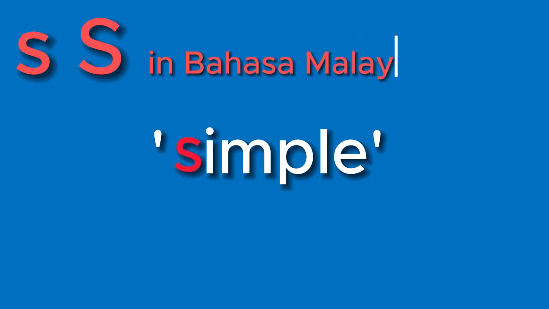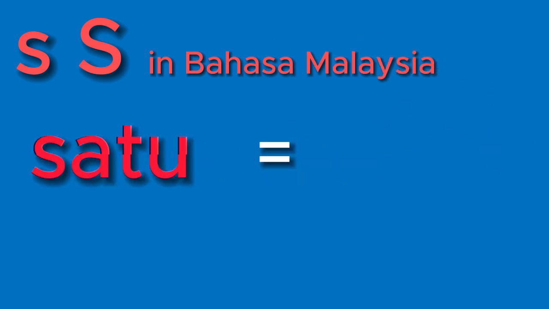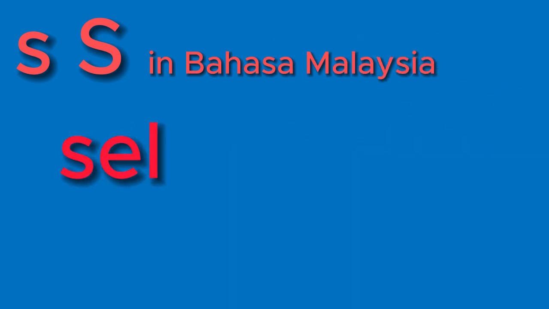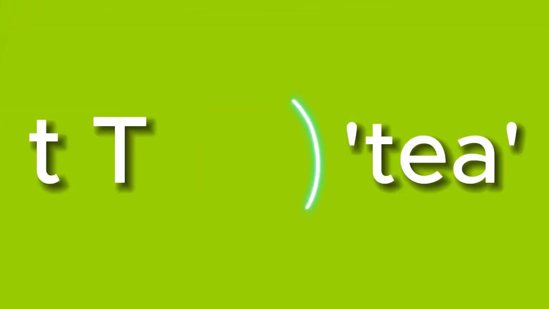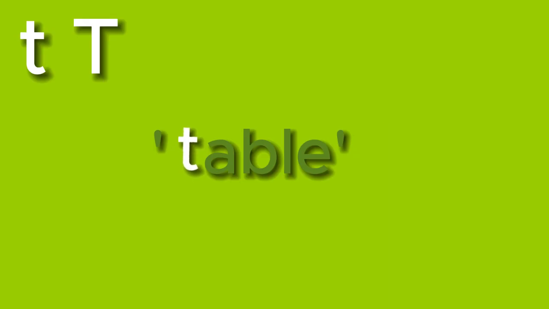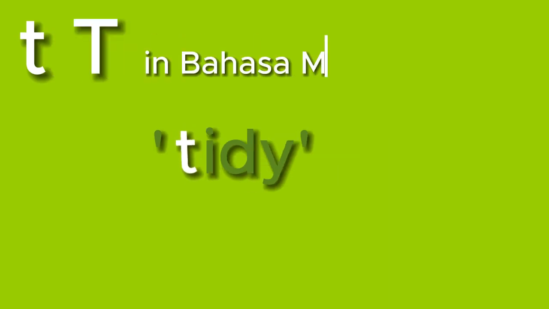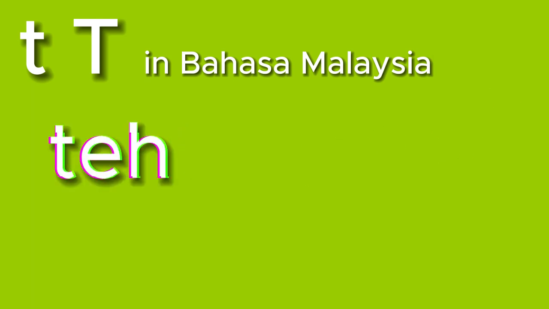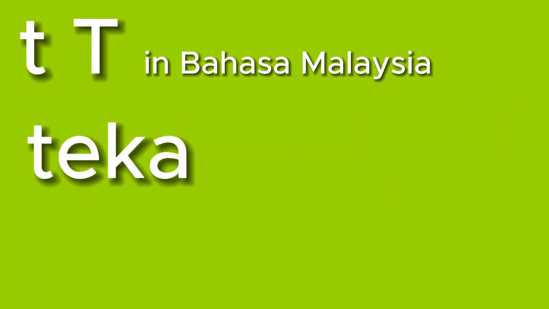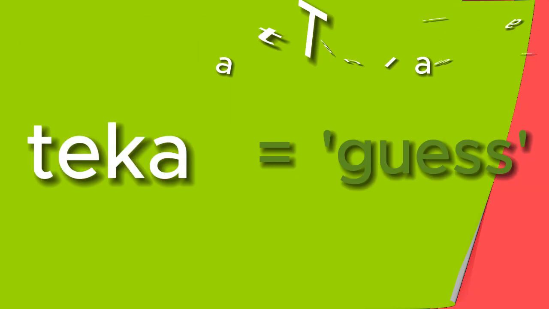Usage in Bahasa Malaysia such as satu means one, sel means cell. T is pronounced as T, as in the words such as table, top, tidy. Examples of usage in Bahasa Malaysia include teh, which means tea, and ya means yes.